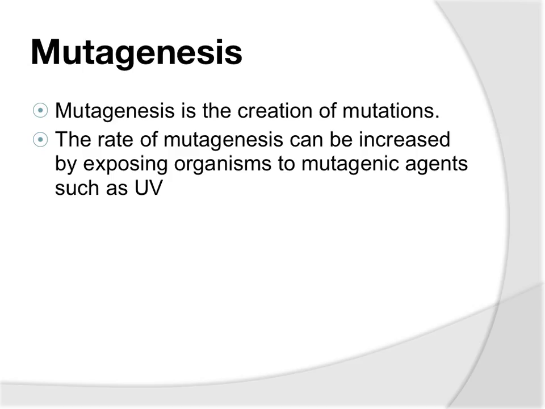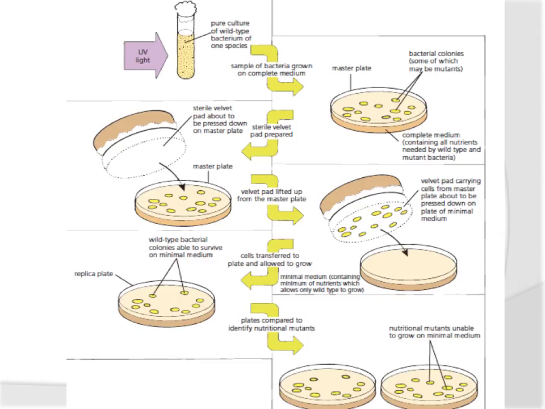So what is mutagenesis? Well, it's the creation of mutations, and that can be done by exposing your microorganism to some sort of mutagenic agent, something such as UV light, something that we're not seeing an awful lot of in this country at the moment, but we're going to have a look at this process in the next slide.